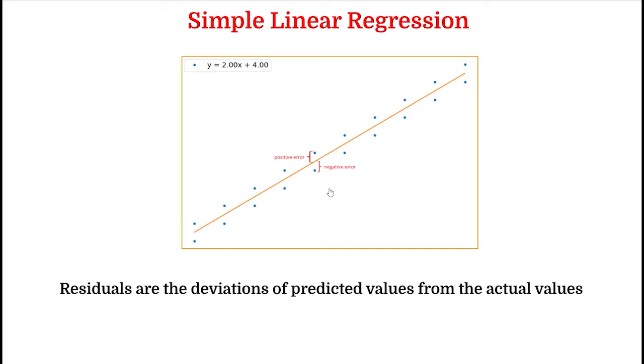Since we are squaring them, all the values become positive, and we try to minimize that sum of squared errors. Only one line satisfies the condition, and that is our target line. In this example, we have this line with a slope of 2 and an intercept of 4.